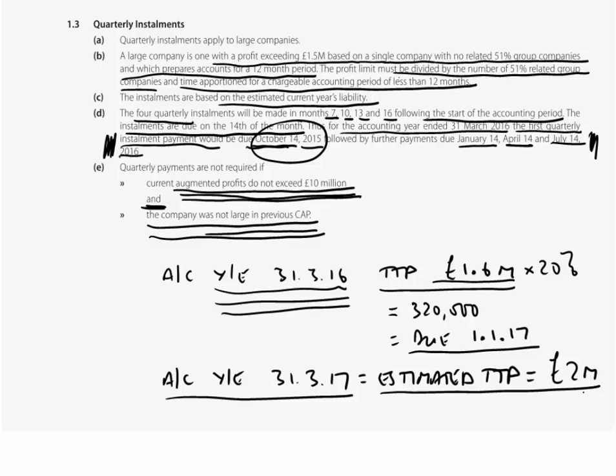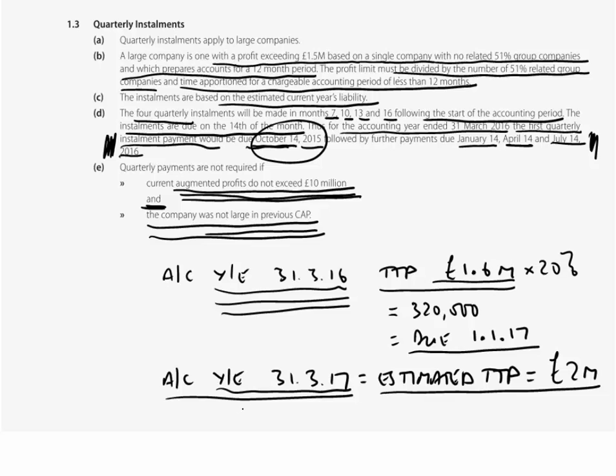Okay, so we've agreed that quarterly instalment payments will fall due. 2 million at 20% we said was 400,000, divide by 4 is £100,000 as the quarterly instalment payment that would be due. When would be the first such payment? We start to pay from the 14th day of the 7th month from the start of that accounting period. So the year ended 31st of March 17 began the 1st of April 16.